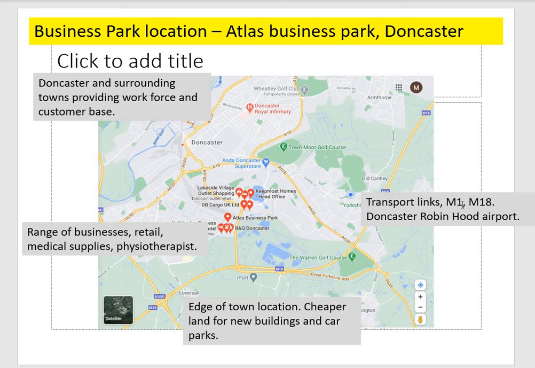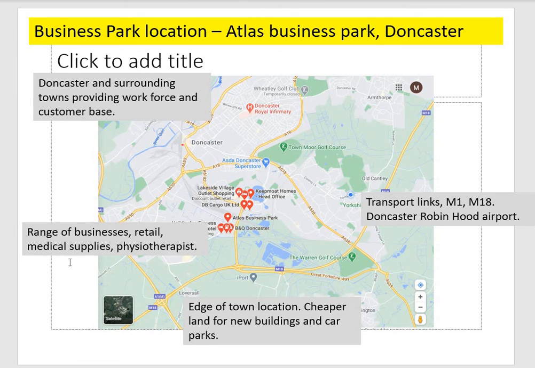You've got the M1, the M18, Doncaster Robin Hood Airport. So any goods that you need to get into the business park, like things to sell in your shop, are easy to get. And if you are making things, then you can easily get the goods out that you are making. Okay, so you've got good access to your customers. There's a large range of different businesses.